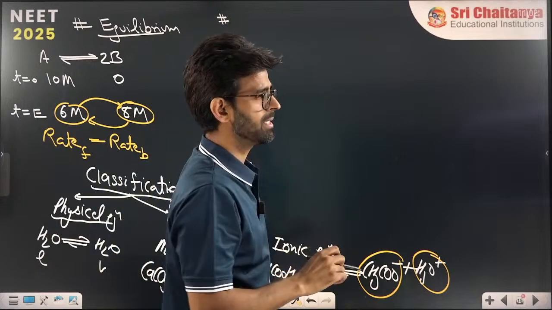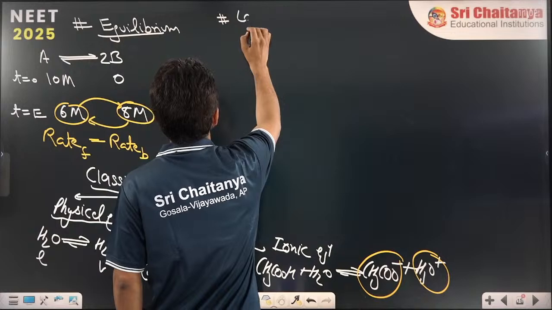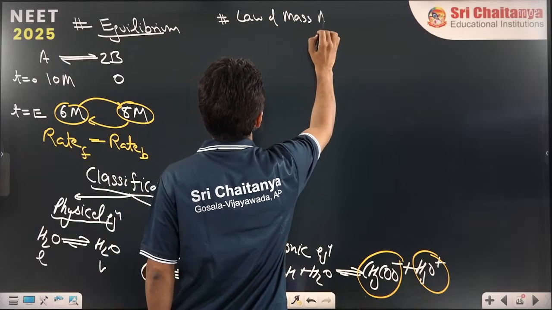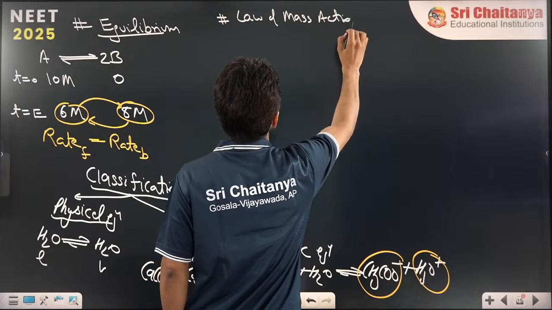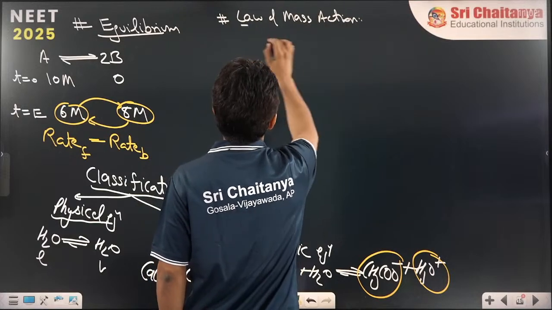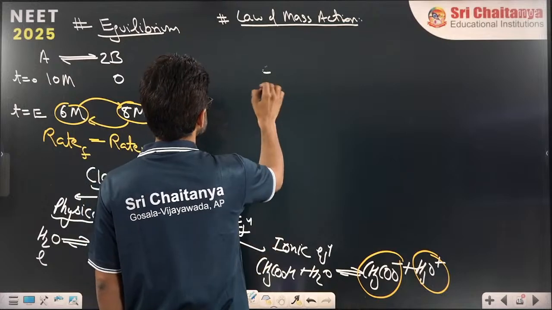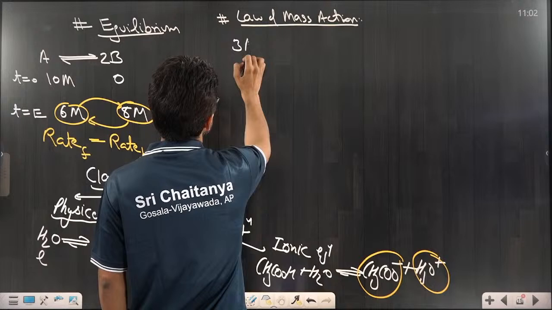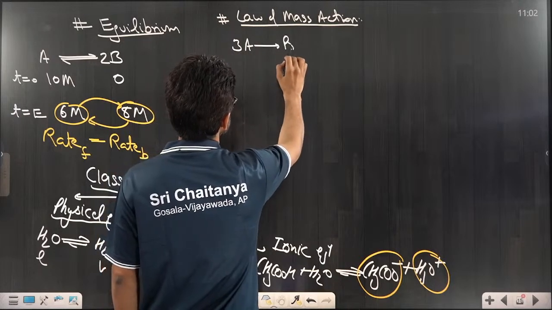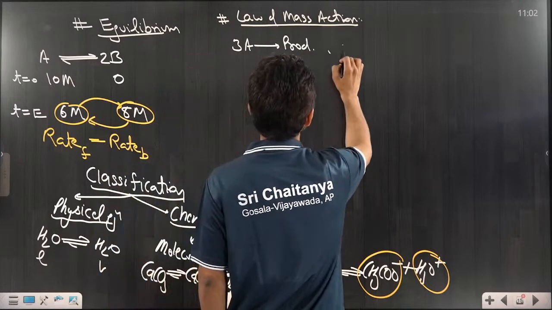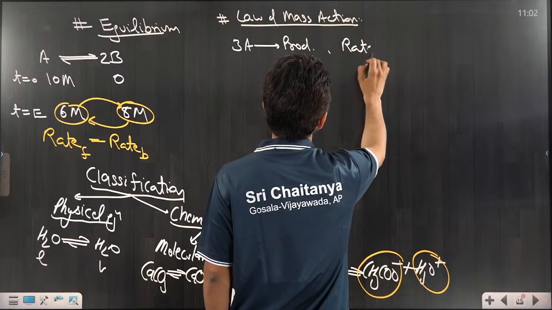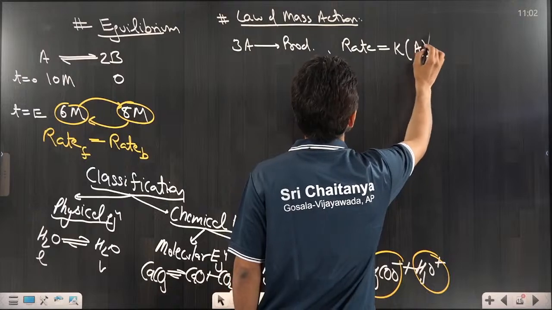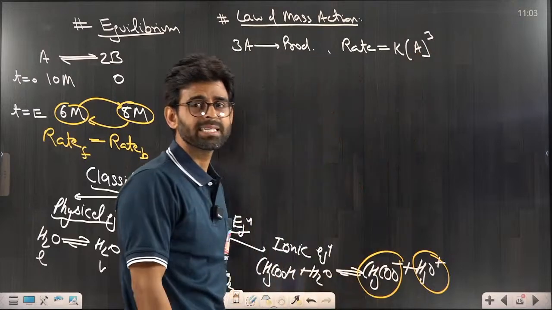The next thing is the law of mass action. A small point. Law of mass action means if you are writing some reaction here, say 3A is giving some product, then the rate of this reaction will be proportional to the concentration of reactant taken.